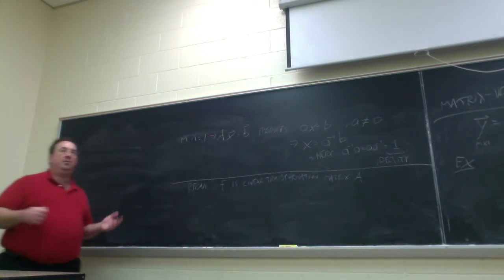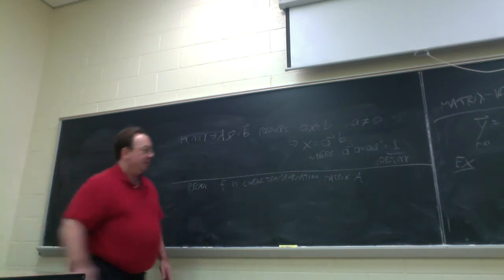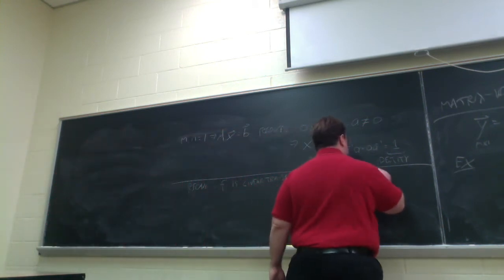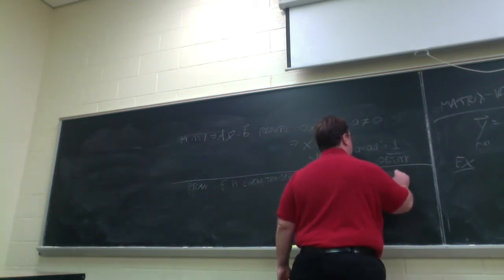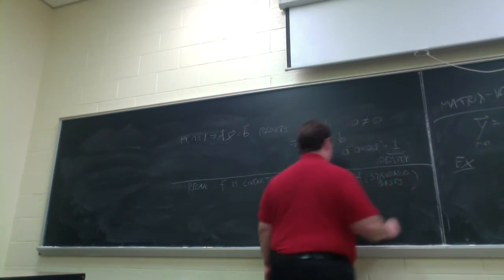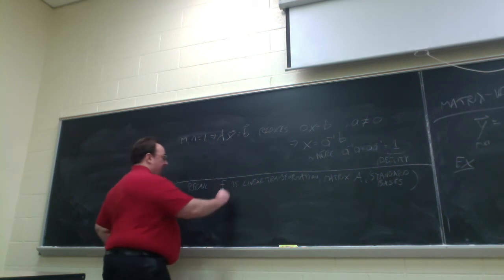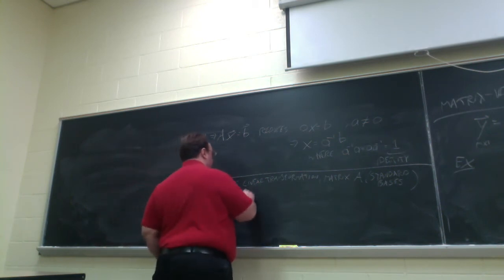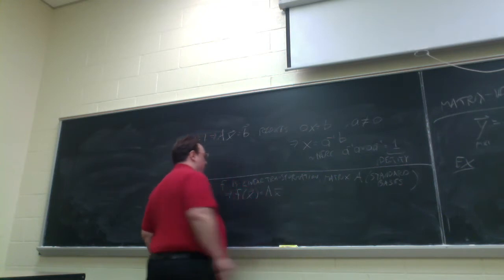And to make things simple, we'll work with the standard basis of whatever vector space we have for both the domain and the range. So that would mean that f of x is equal to A times x.